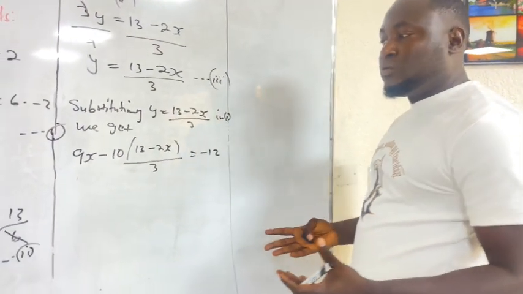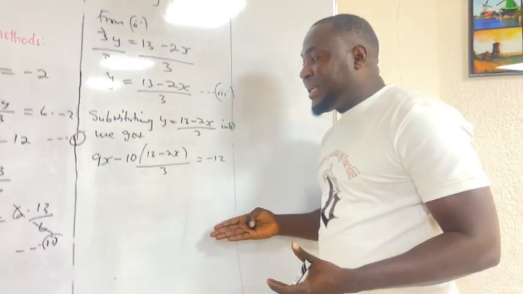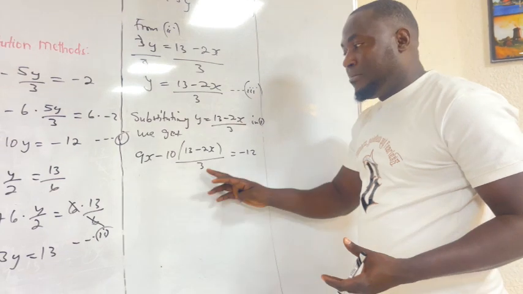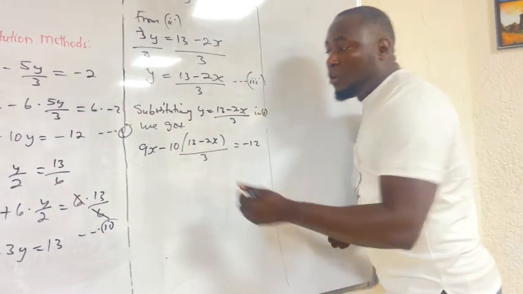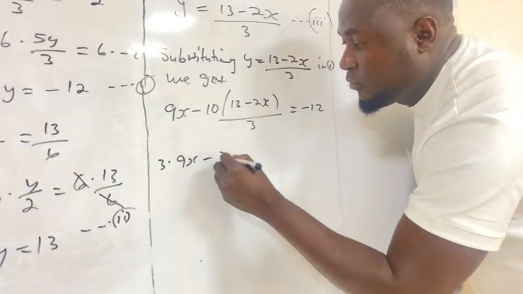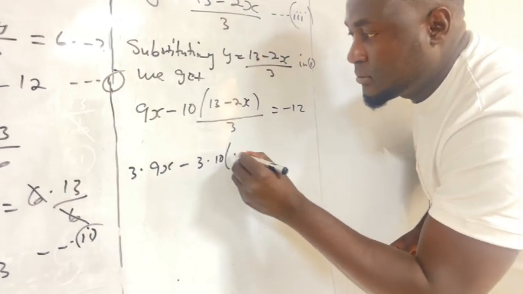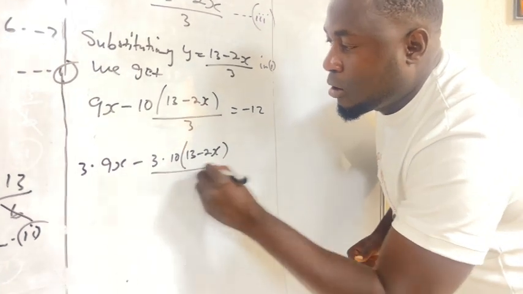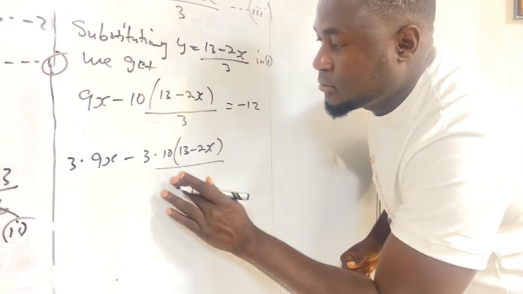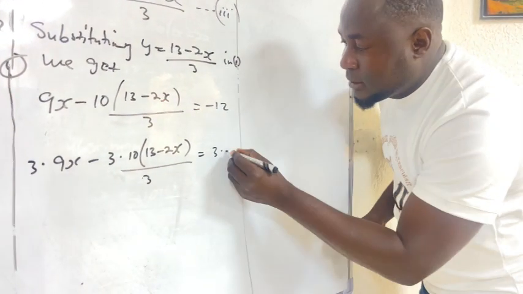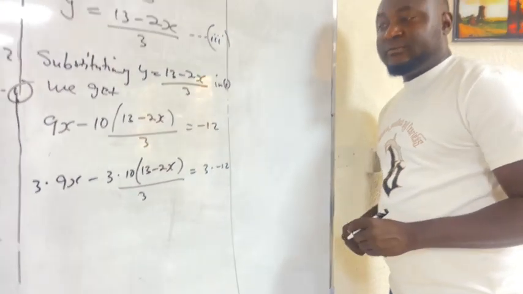So what are we going to do? We are going to multiply each of these terms in this equation again by 3. In other words, we're going to say 3 times 9x minus 3 times 10, 13 minus 2x, all over 3, equals 3 times negative 12.